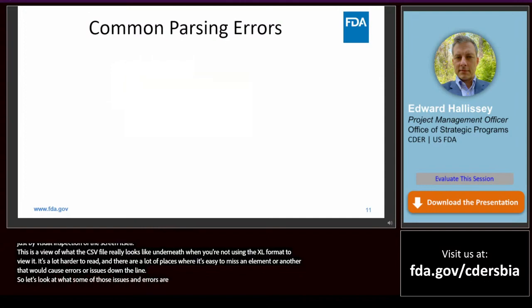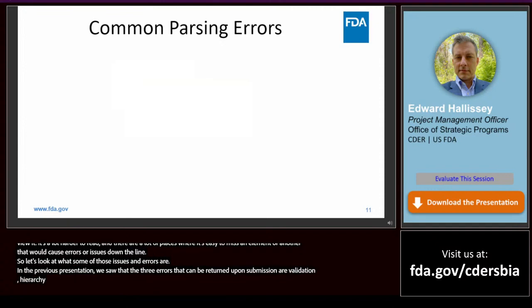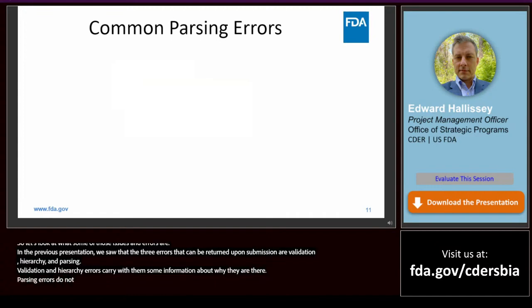In the previous presentation, we saw that the 3 errors that can be returned upon submission are validation, hierarchy, and parsing. Validation and hierarchy errors carry with them some information about why they are there. Parsing errors do not, as a nature of the parsing process.